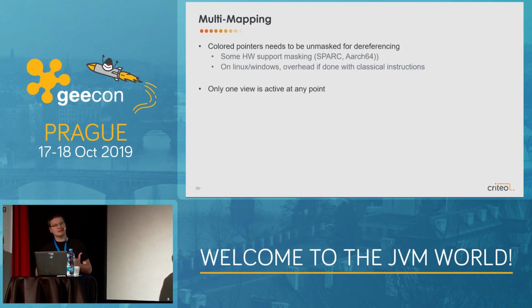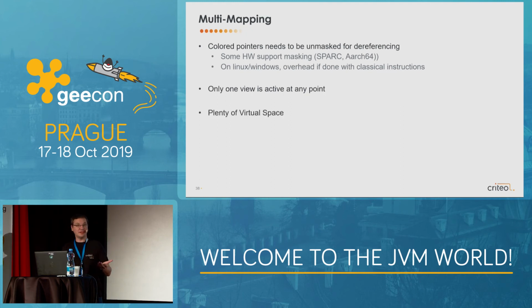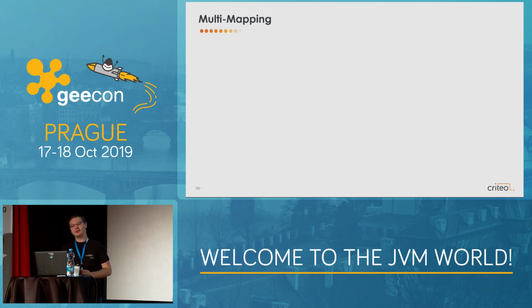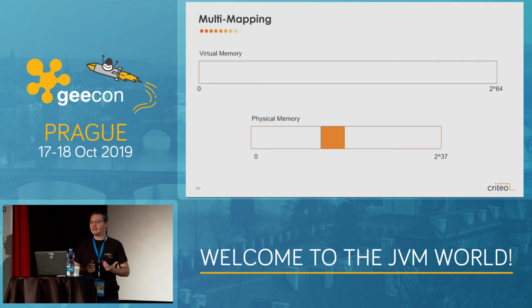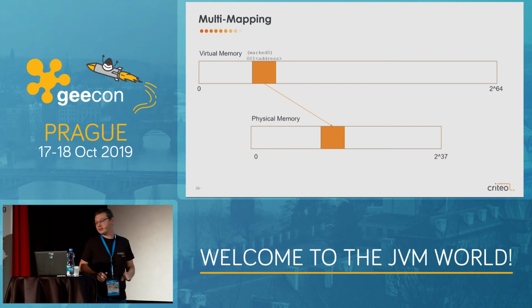As there is only one active view of all the 4 bits of metadata at one point, and we have plenty of virtual space, we can do a trick of multi-mapping. It means that we have a physical page backed by virtual memory with one kind of address, for example, 1 bit of metadata marked 0, and we map this with the constant metadata to a physical memory.